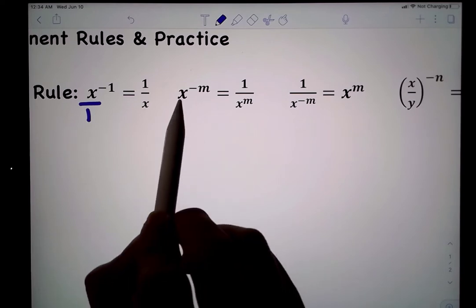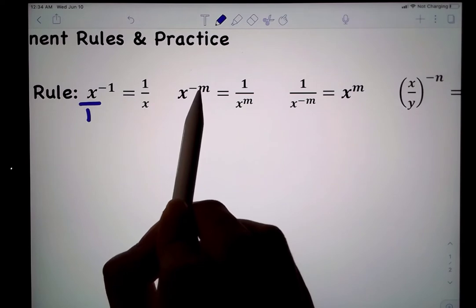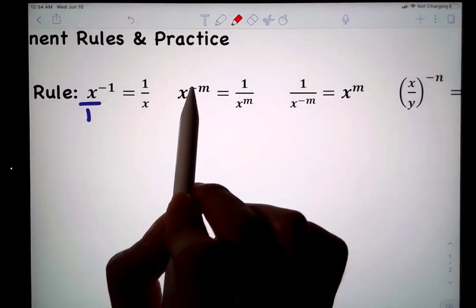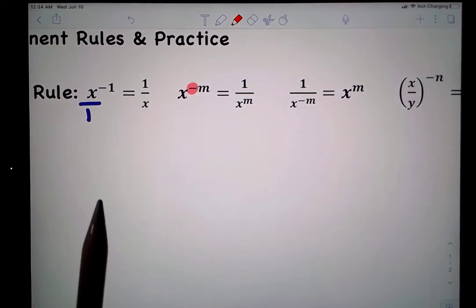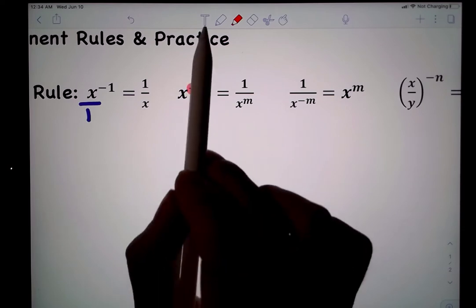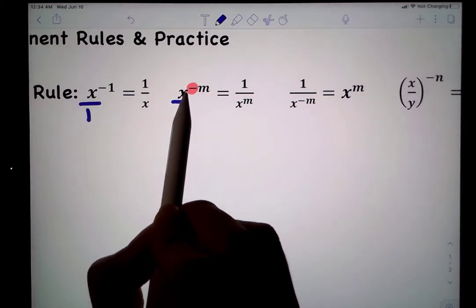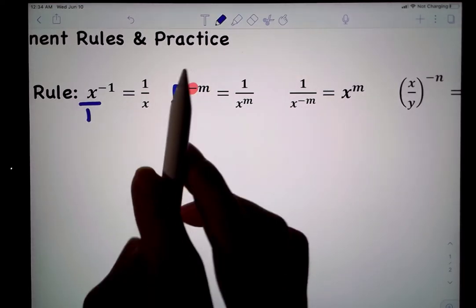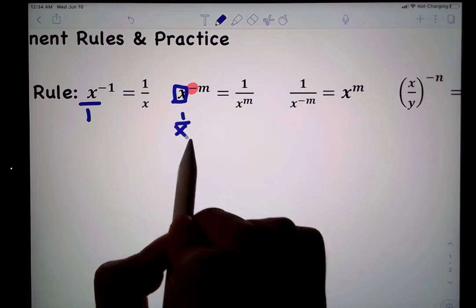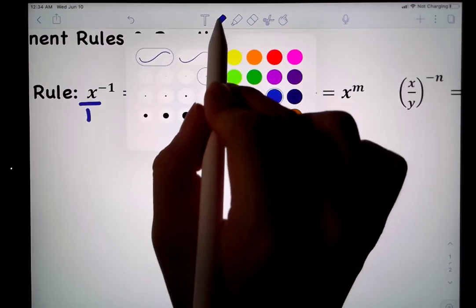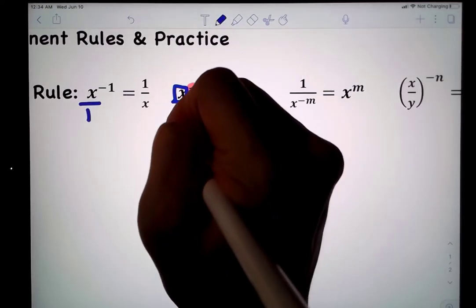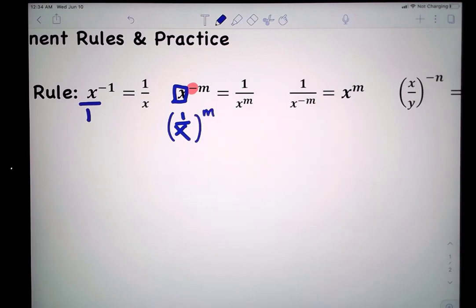So when you see this x to the negative m, you see this negative sign over here. Once you see the negative, what do you do? You flip your base. Your base in here is x, right? When you flip x, you get 1 over x, and you have m power.